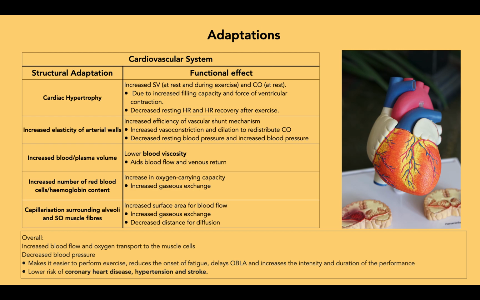So we want to lower that because this is a measure of the resistance to blood flow through a vessel. So the less sticky and the thinner your blood is, the better your venous return and the better your blood flow. Quite simply, that's a good adaptation to have, and that's what aerobic training can do.